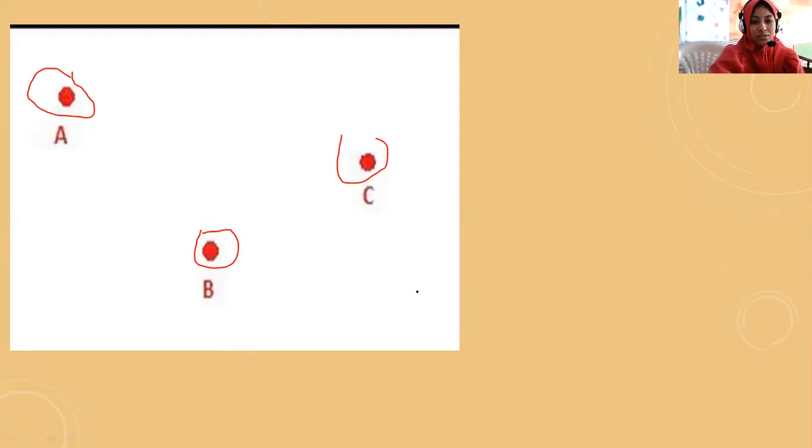A point is just a tiny dot. These, A, B, and C, are your points. If I take an example, at night there are many stars in the sky. The stars in the sky, from the earth, look like a tiny dot or point. So you can say that it is a point.